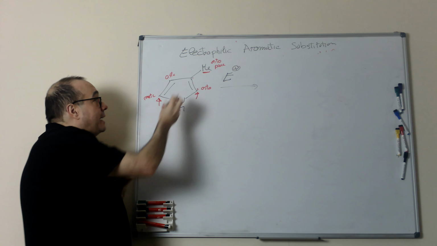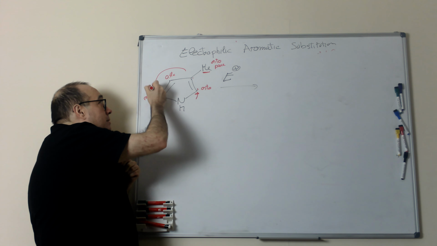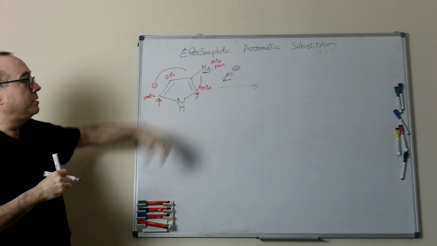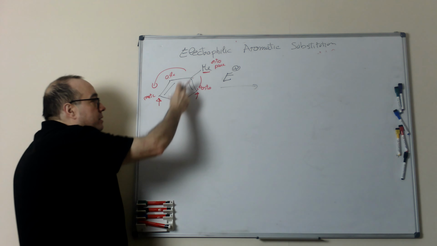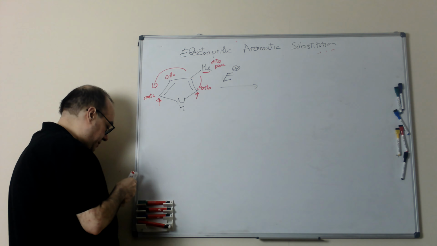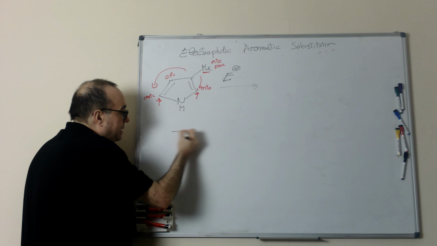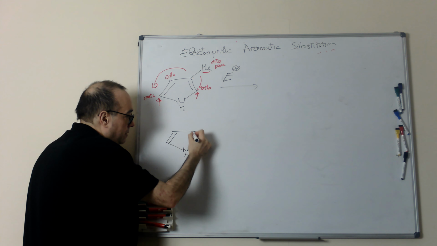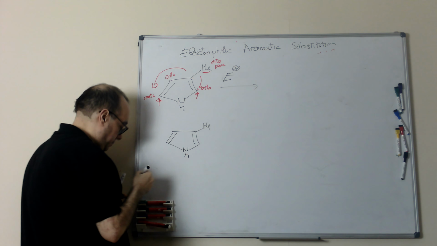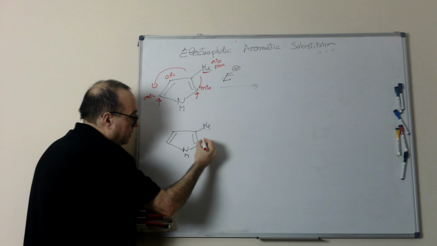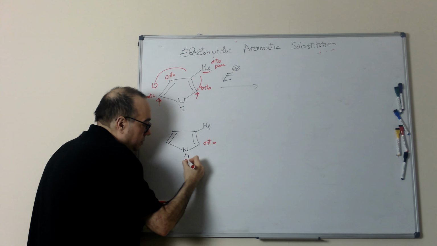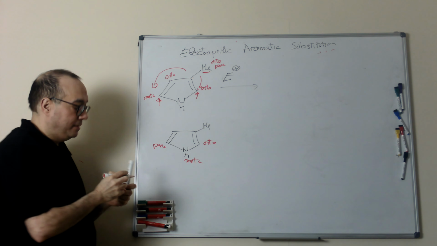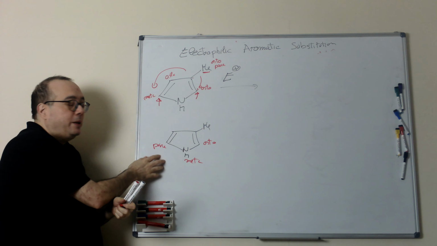And realize that I do this count always going through the carbons. I will never do it over the nitrogen. That means if I try to do this, ortho, meta, para, this is forbidden.